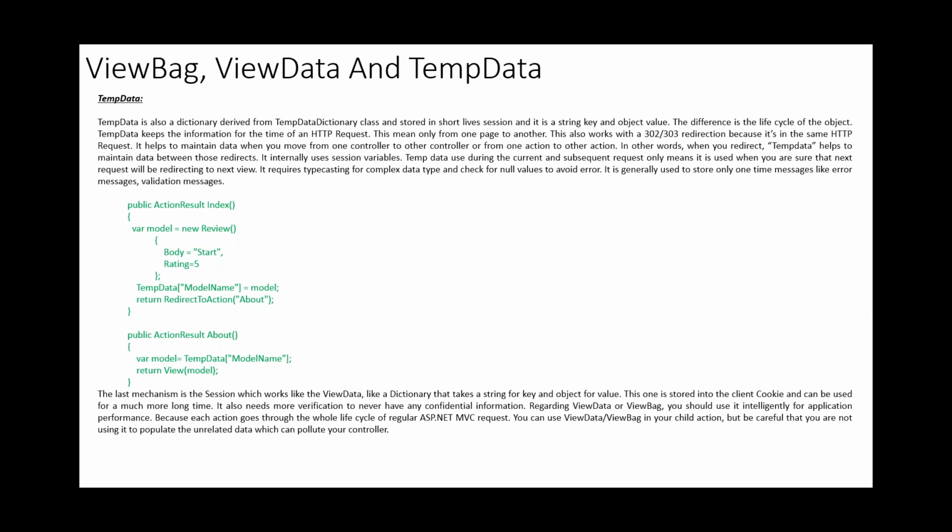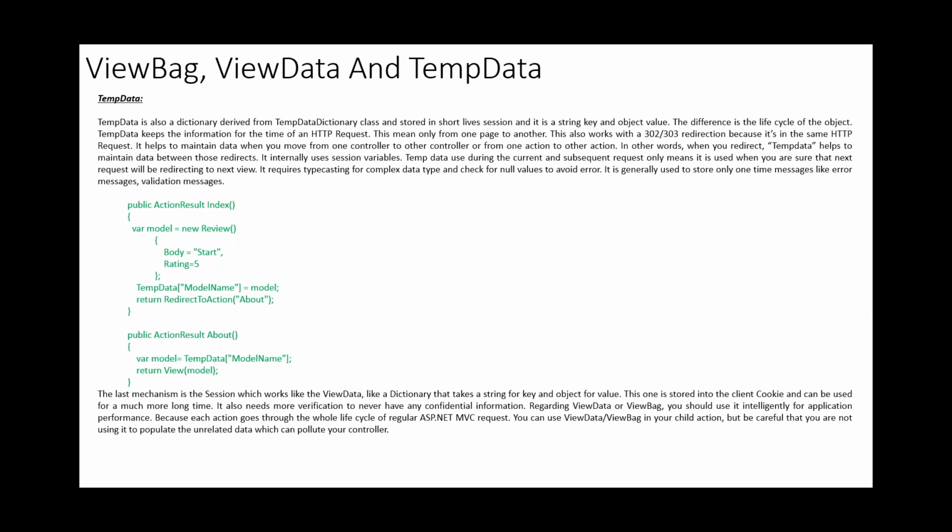So the last one is TempData. TempData is also a dictionary, derived from the TempDataDictionary class and stored in short-lived sessions, and it is a string key and an object value. It is just like your ViewData, but the scope of TempData is different. It works from one page to another page.